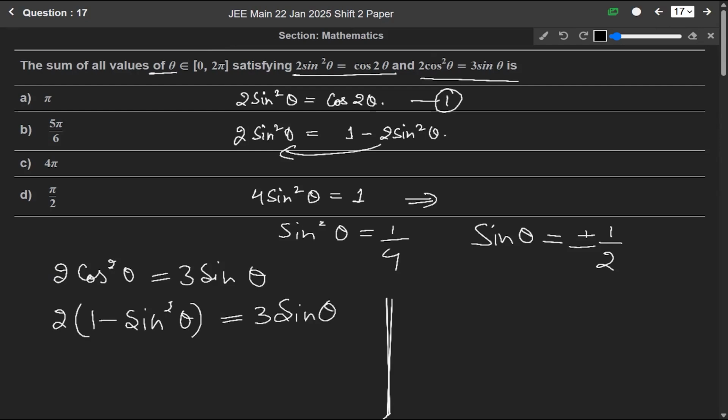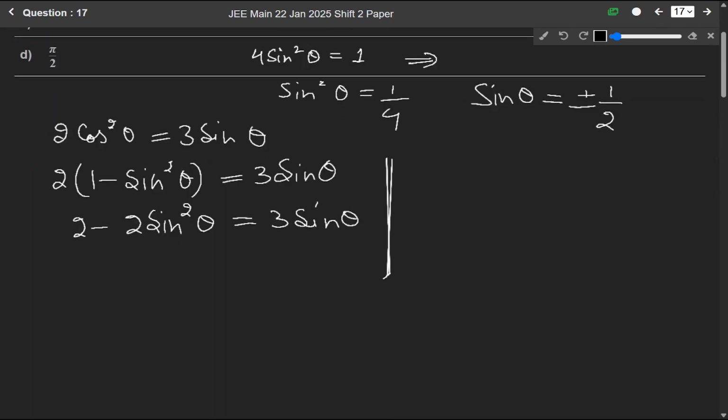So we can write it as 2 minus 2 sin square theta will be equal to 3 sin theta. Okay. So we can write it as 2 sin square theta plus 3 sin theta minus 2 will be equal to 0.